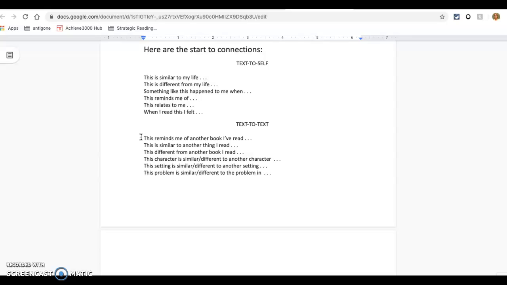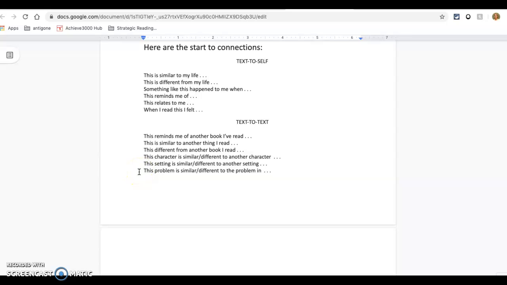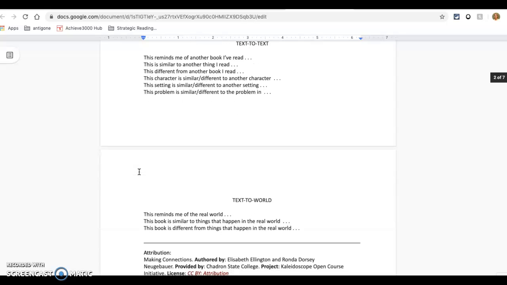There might be some overlap, and those connections are great because you already have that information in your head. It could also be movies, TV, things you read on the internet. All of those things can be connections. And again, the more connections you can make, the better the prior knowledge connection, and the more likely it is that you're going to comprehend that information.